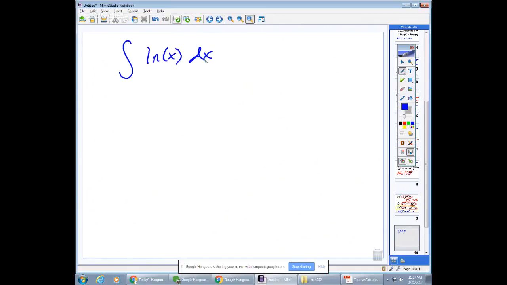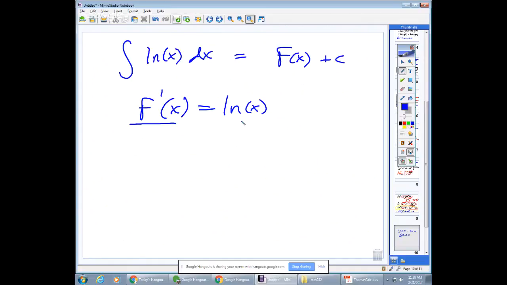That would mean whatever function this is, let's call it capital F of x plus c, that means we're trying to find F such that F prime is the natural log of x. And although you've done a lot with the natural log of x in these 2 quarters, I'm 96% sure you have not differentiated such a function to get the natural log of x.